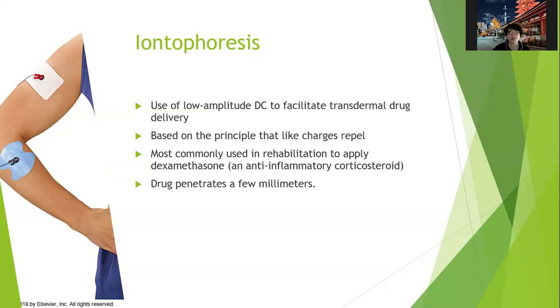Sometimes you go a long time before doing ionto, so I was always looking up what's the charge on dex, because if you don't get the charge right and don't put it on the right electrode, it's not going to work. So the drug penetrates a few millimeters into the tissue. You want to keep that in mind when you're deciding where you're applying it.